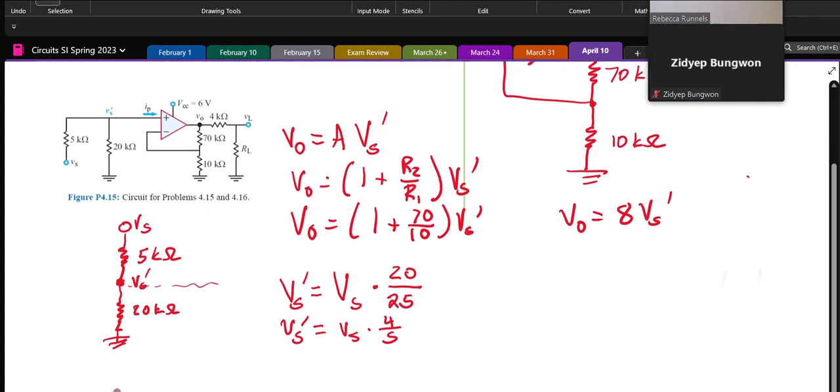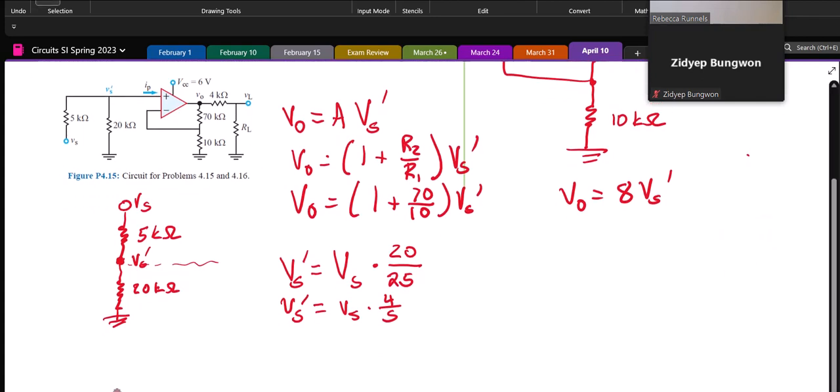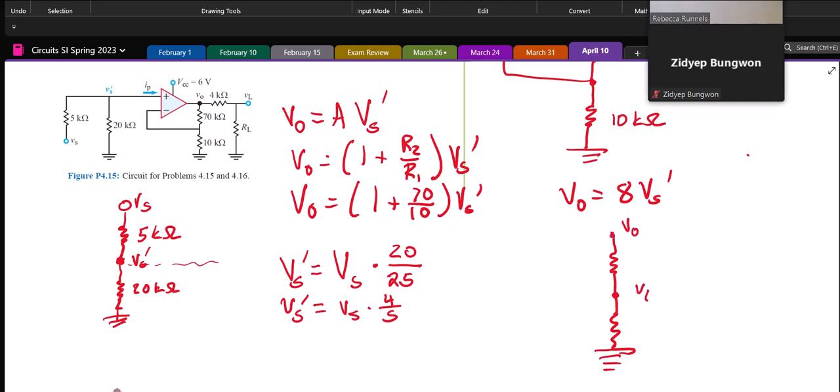I would do the same thing with voltage division on the VO and VL, where I had ground here and VO here and VL here. That's this branch right here.